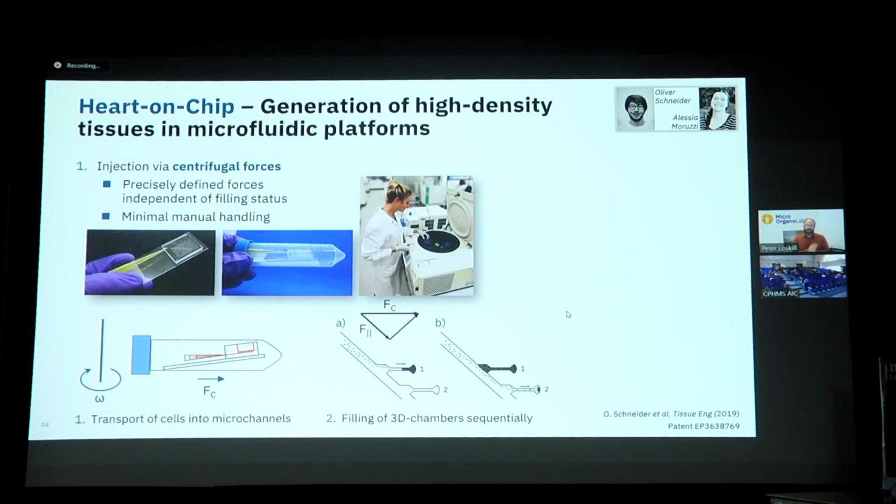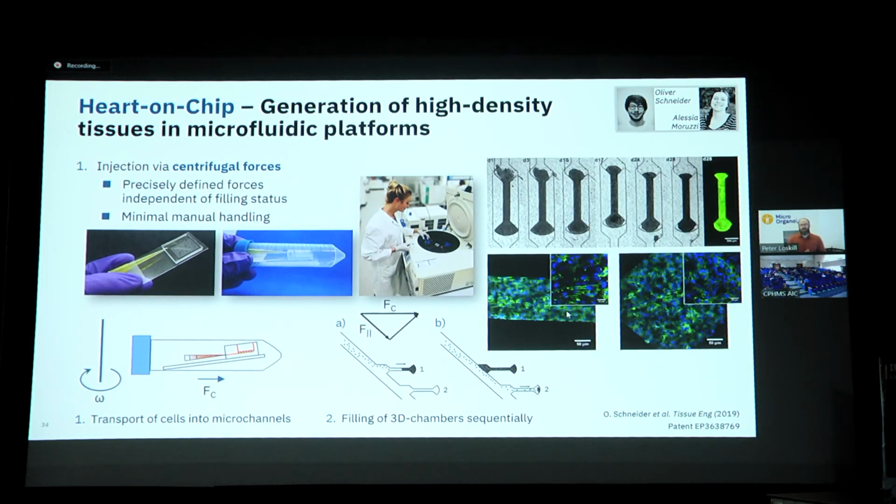Because the microchannels are at an angle to the centrifugal forces, but the tissue chambers are parallel to the centrifugal forces, the cells will first go into the main channels and then sequentially fill the tissue chambers in a 3D manner. And thereby we can achieve very, very high density structures in the shape of the tissue chamber. And we can do that actually for 1 or even 8 different chambers at the same time.